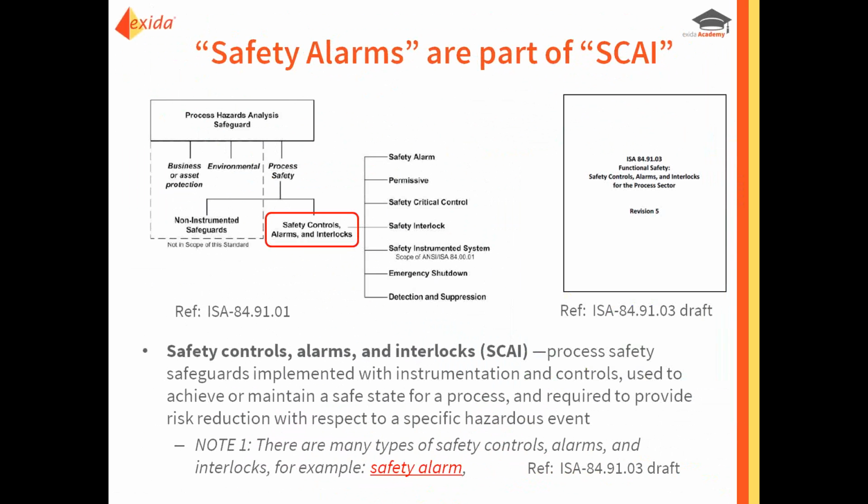And in that it has a definition or a reference to safety alarms, which you can see here. So safety alarms are actually an area where the world of alarm management and process safety or functional safety overlap. So safety alarms need to comply with essentially both the ISA 18.2 standard and relevant requirements from IEC 61511 if there are any, or certainly this new standard when it comes out.